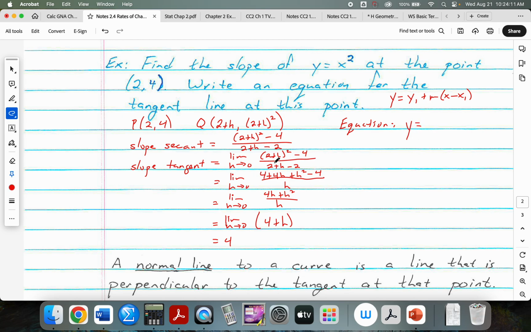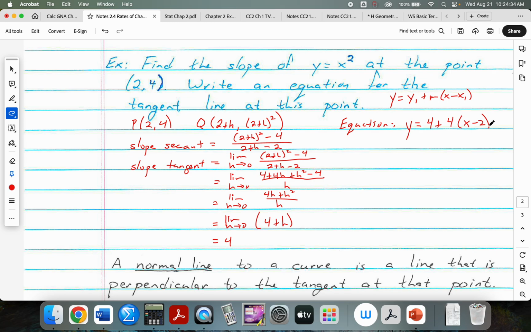So the y value was 4, plus the slope turned out to be 4, times x minus 2. Your book is never going to leave it in this form. I am always going to leave it in this form.